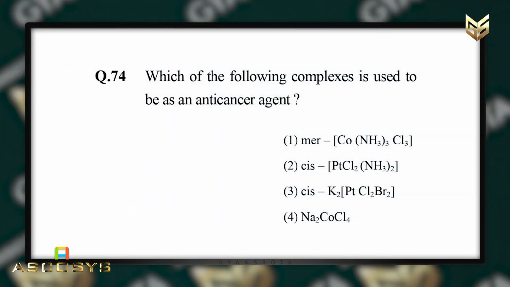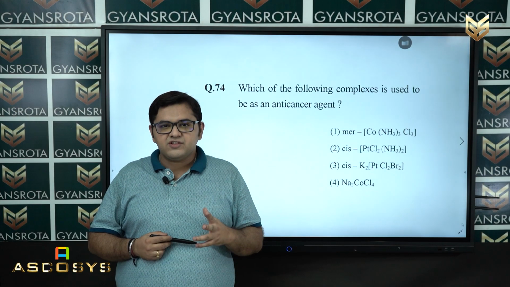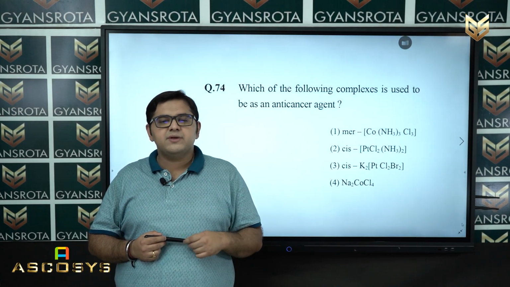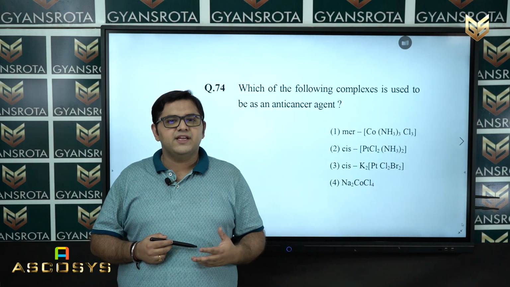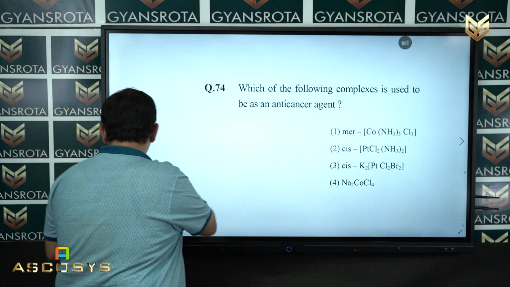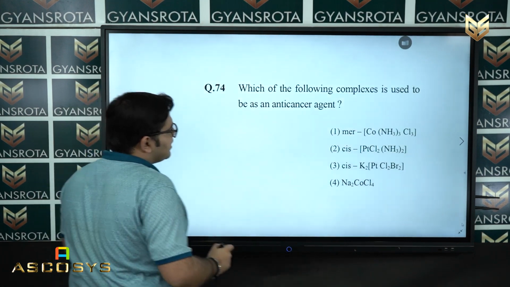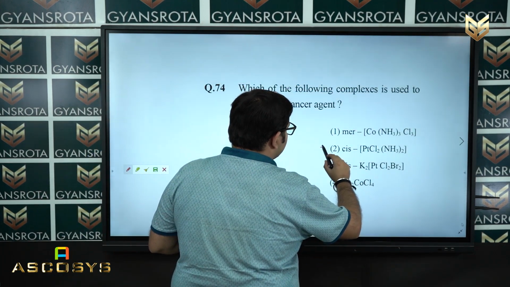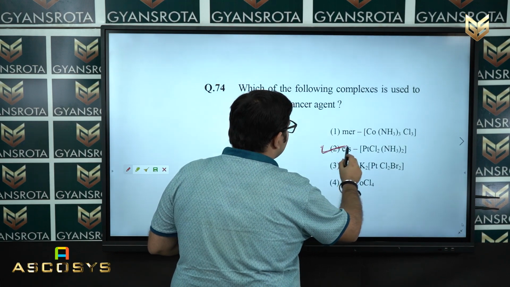So now we are moving to the next question, that is question number 74. Question number 74 is on your screen. Which of the following complexes is used as an anti-cancer agent? This question again comes from the coordination chemistry of your class 12 NCERT, and this is a very famous question. We all know the solution of this question is cisplatin, that is your option number 2.